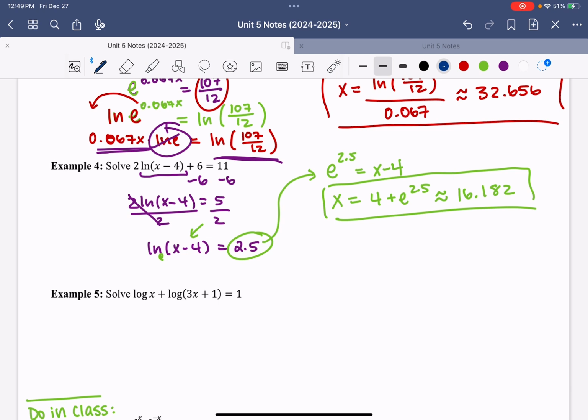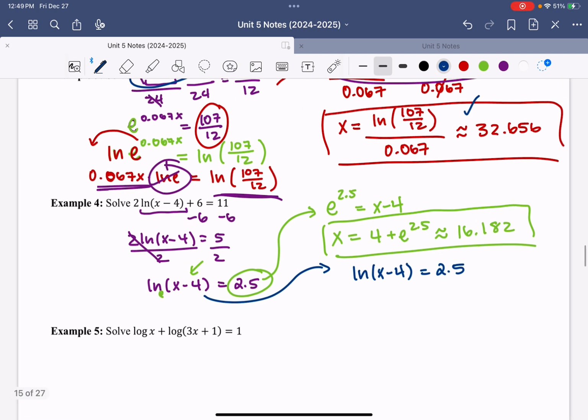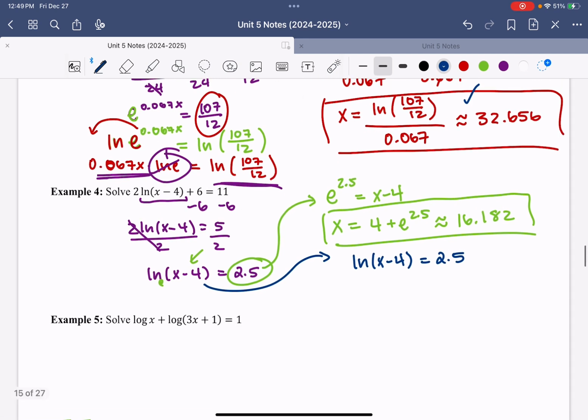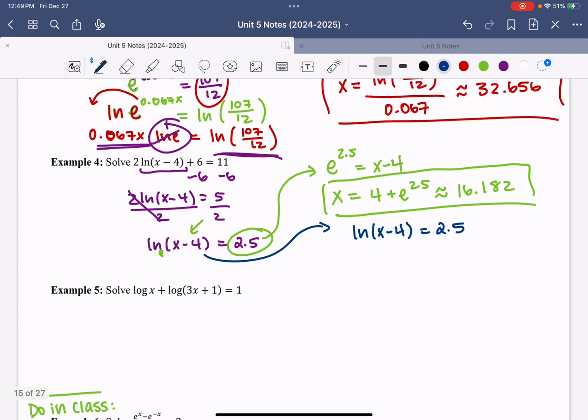Okay, let's talk about that other way that we could have done this. So we got to here. Just like in the one we did before, where we took a logarithm of both sides, something else we can do is what we call exponentiating both sides.